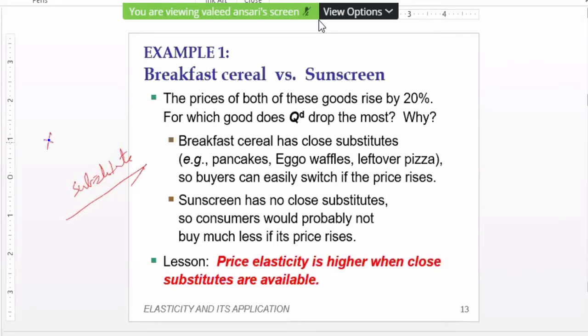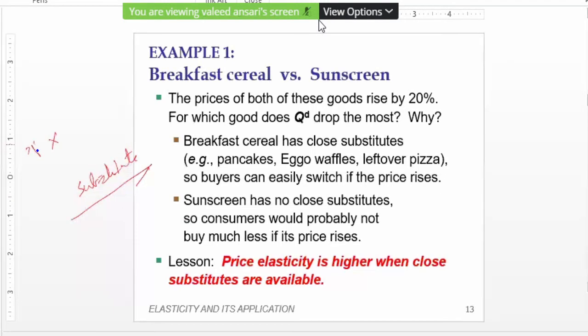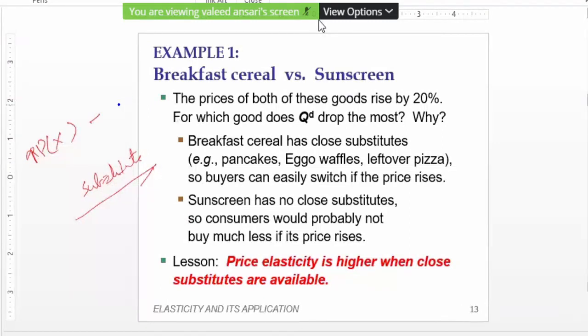For instance, if the price of X increases, what are the other substitutes available? Y, Z, and so on. But something may not have a close substitute. Even if the price is increased, the consumer may continue to buy that.